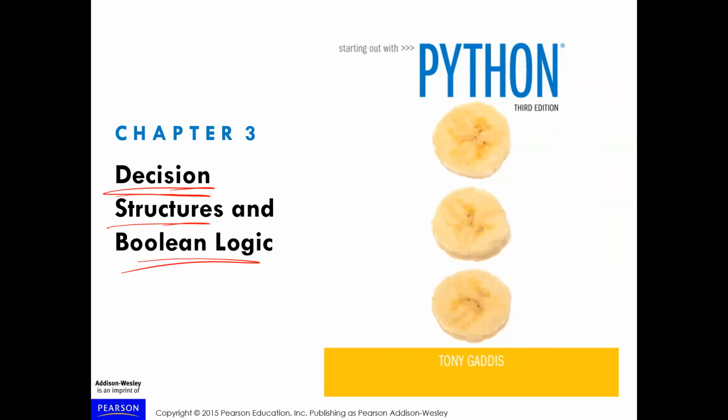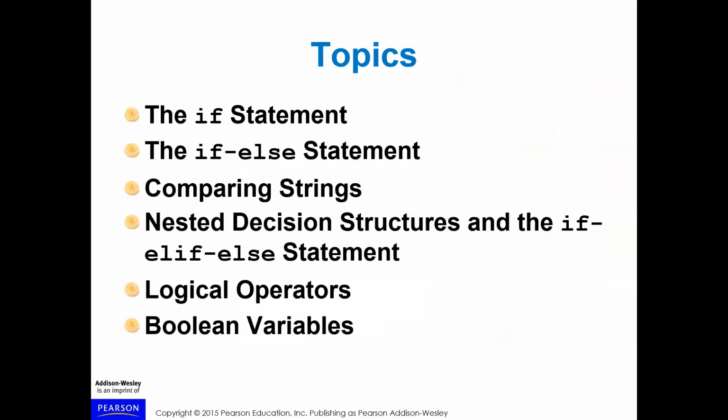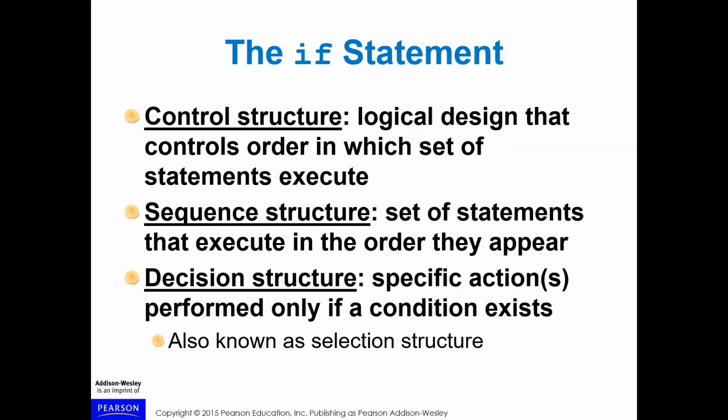So let's go over here. We're talking, as you know, about these statements. This is more Python specific now. So we talked about control structures, decision structure. And this is really where the if statement comes in, specific actions performed only if a condition exists, sometimes called selection structure.